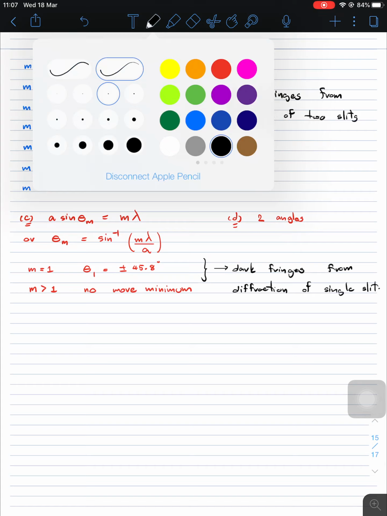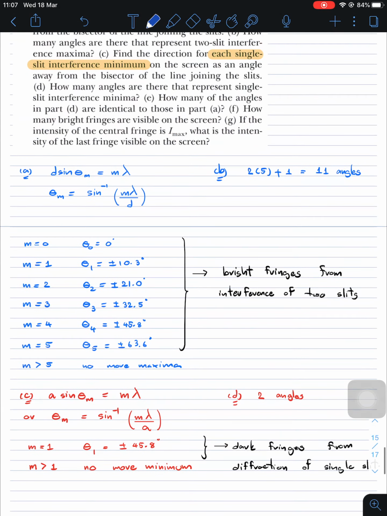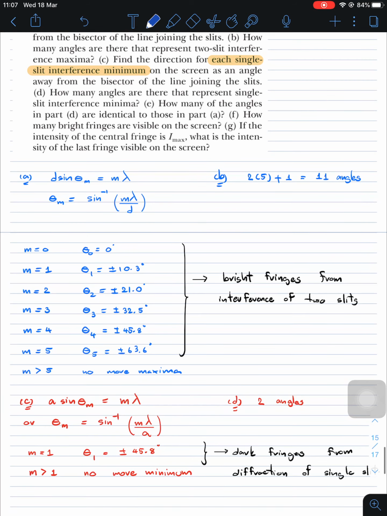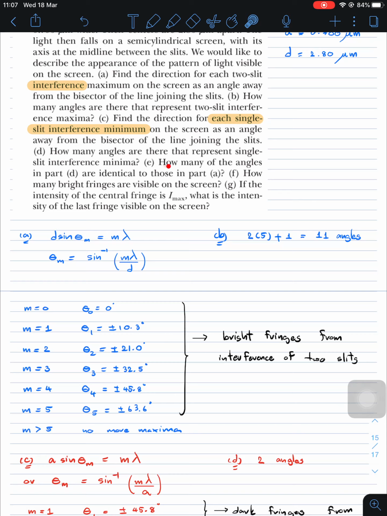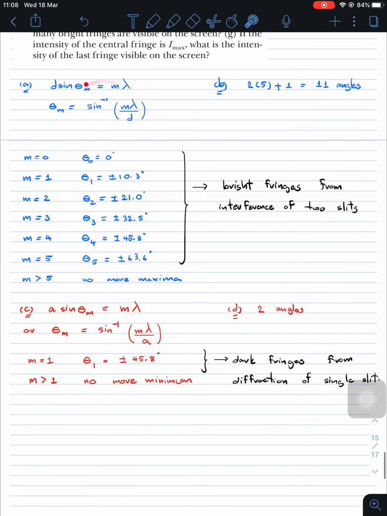Let me use this color. Okay, A, B, C, D. So now the next one is E. How many of the angles in part D are identical to those in part A? We just want to compare this one and this one.